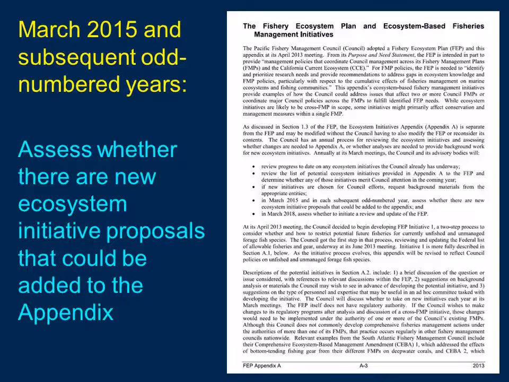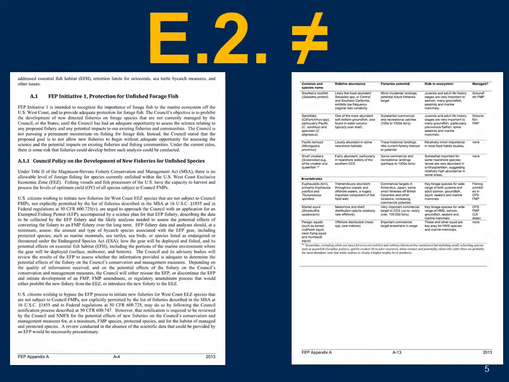This March 2015 meeting is important because it's the first time the Council has considered reviewing and updating the appendix and its initiatives. So let's continue walking through the appendix. For this agenda item E2, you can skip pages A4 through A13, which describe the Council's April 2013 thoughts on Ecosystem Initiative 1.